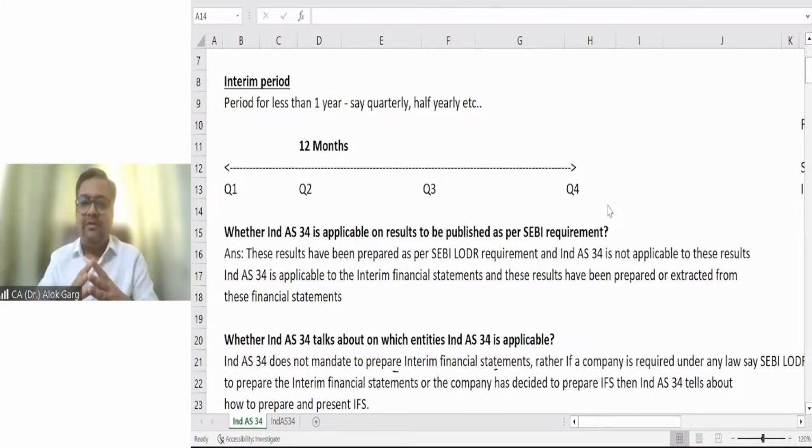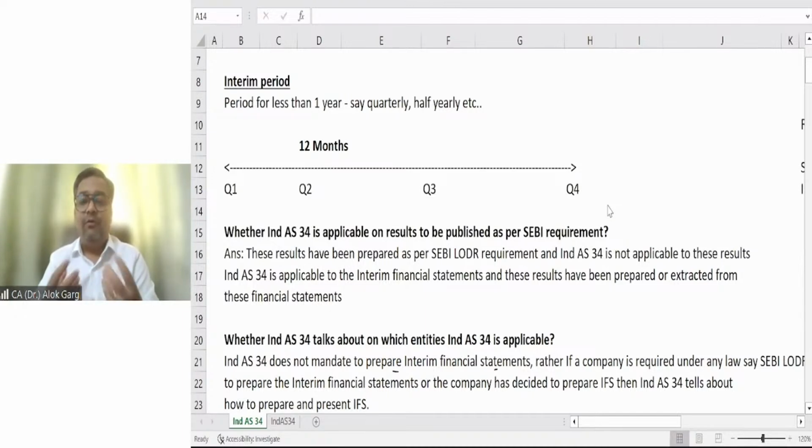So these results are getting prepared from the financial statement, right? If I tell you, Tanisha, please show me your P&L, how will you show me? First, you need to prepare the financial statement, then you will show me the P&L, right? So for filing these results to the stock exchanges, where on a quarterly basis P&L has to be filed, and on a half-yearly basis P&L, balance sheet, and cash flow, everything needs to be filed, right?